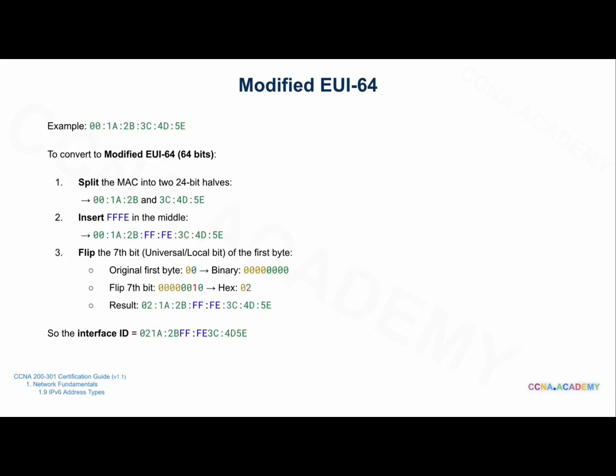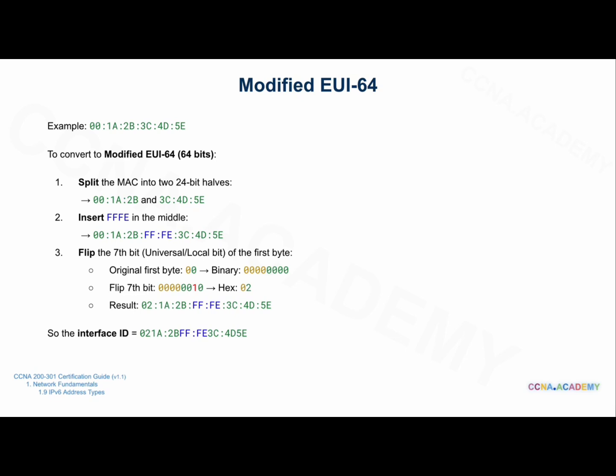Here's how we convert a 48-bit MAC address into a 64-bit interface ID using modified EUI-64. Step 1. Split the MAC into two halves. The first half is 001A2B, and the second one is 3C4D5E. Step 2. Insert FFFE in the middle.